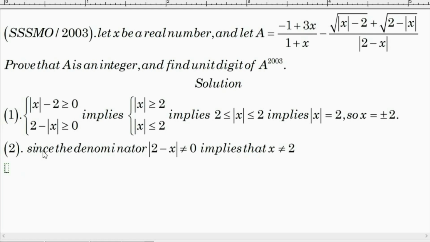Since the denominator here is not equal to 0, it implies that x is not equal to 2.